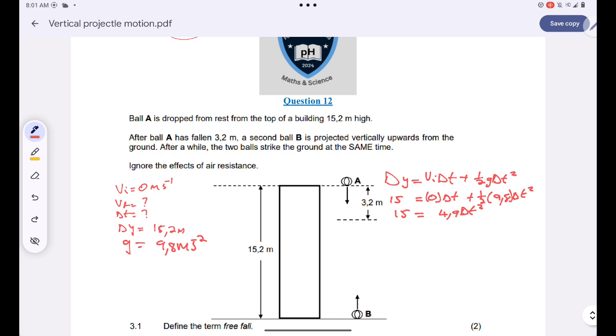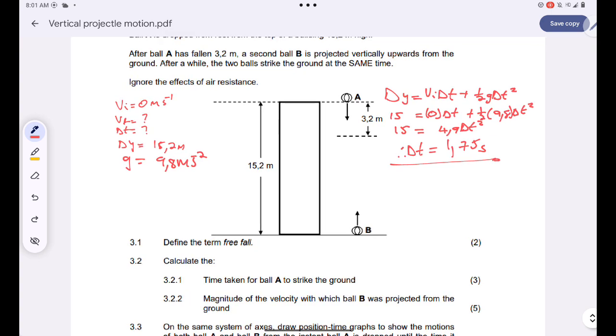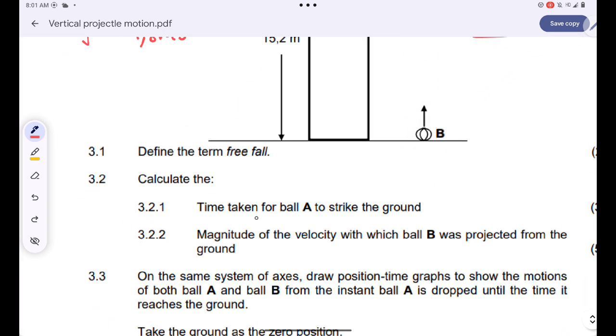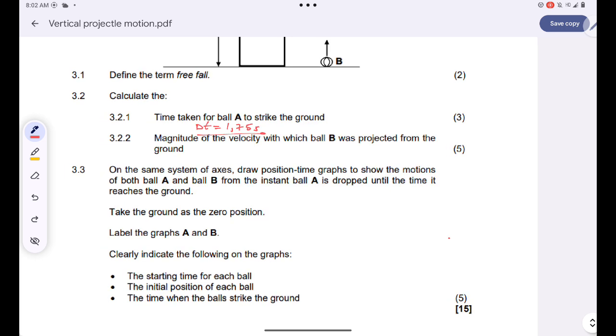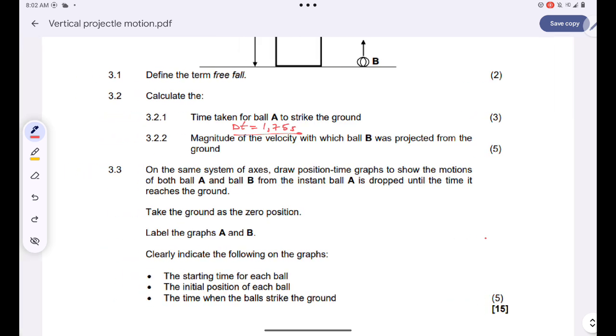I'll put everything under the square root: 15.2 over 4.9. Therefore the change in time is 1.75 seconds. So the ball will strike the ground after 1.75 seconds.